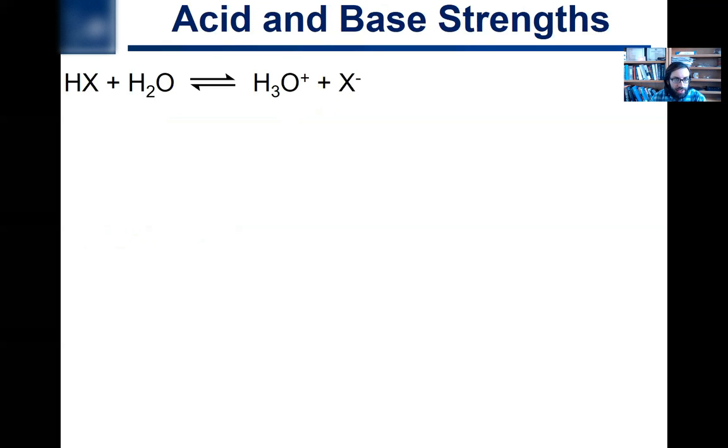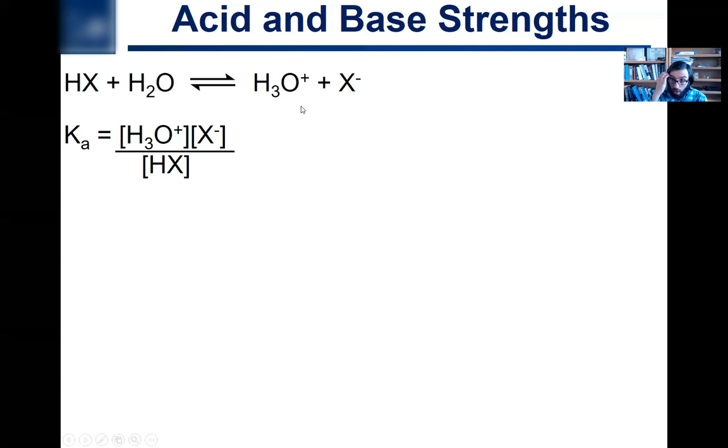Acid and base strength. So again, here we have our equilibrium expression in a generic form for an acid. And we can define an equilibrium constant. That's just the concentration of H3O plus times, so products over reactants, raised to their coefficients. All the coefficients here are 1.